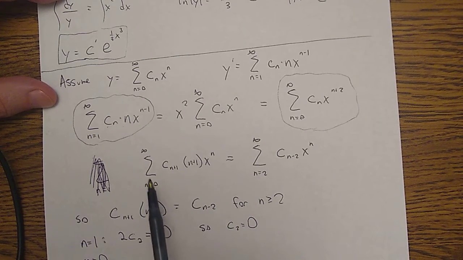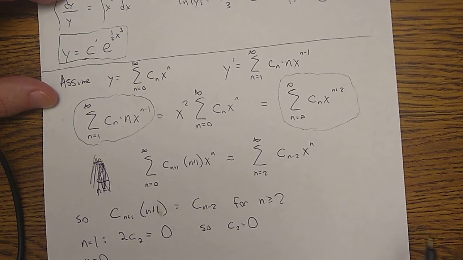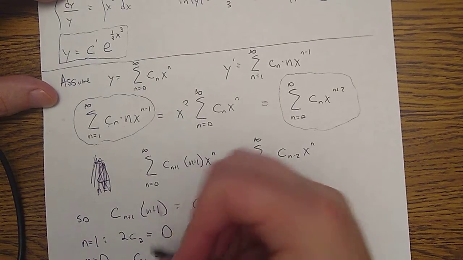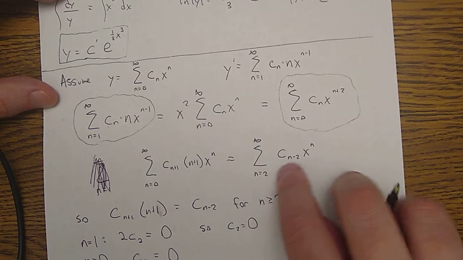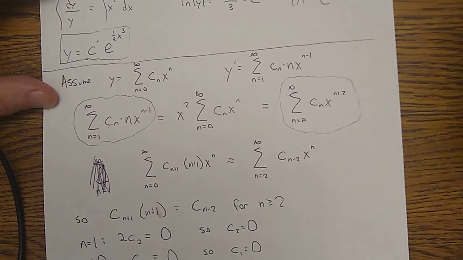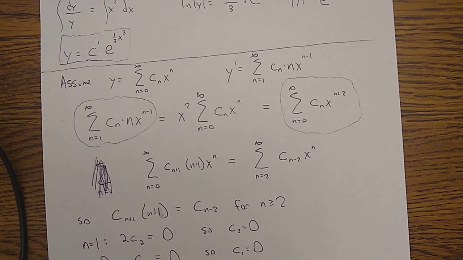I'm just focusing on the terms that exist on this side, but they don't exist on this side. So the n equals 0 term would be c1 on this side, and it would be 0 again, because that term is missing on this side. So c1 is 0. So let's now try to talk about this recurrence.